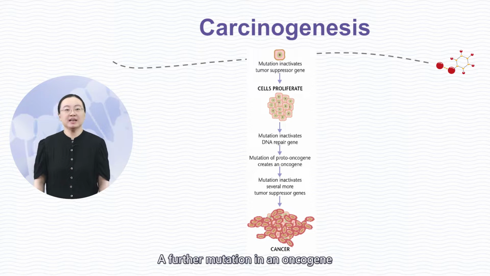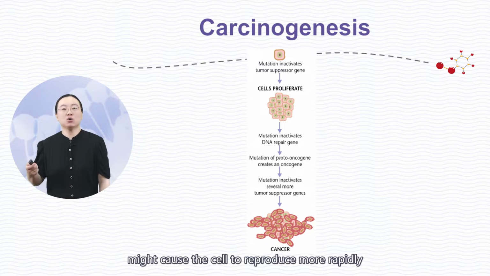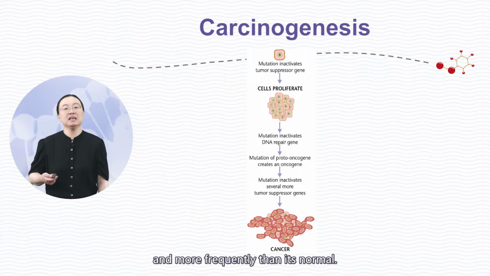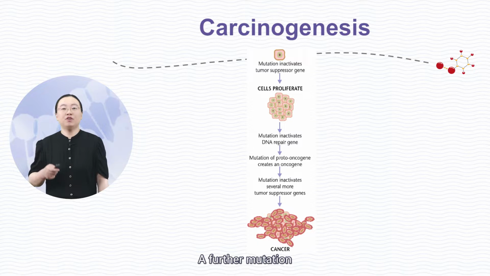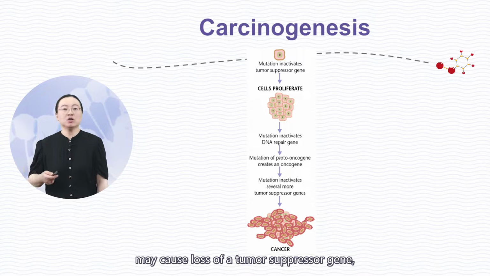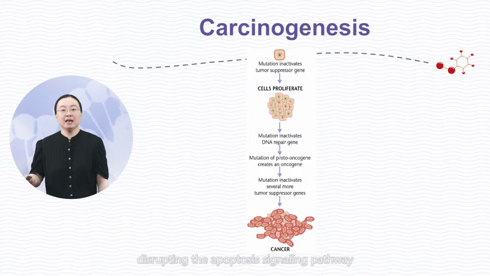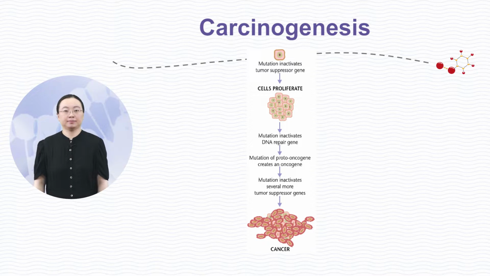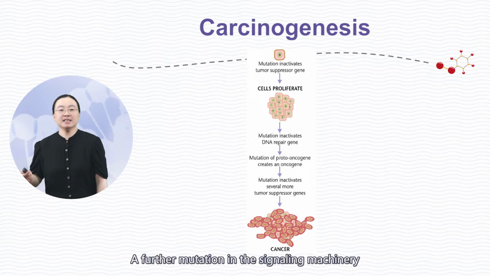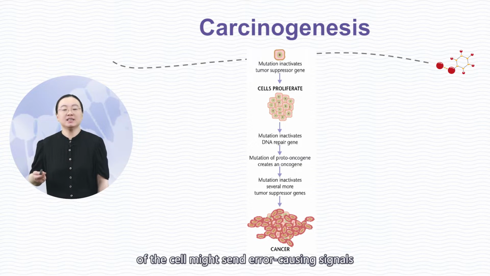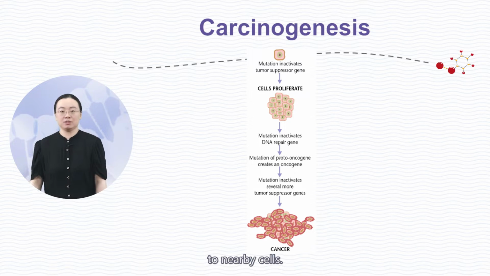A further mutation in an oncogene might cause the cell to reproduce more rapidly and more frequently than is normal. A further mutation may cause loss of a tumor suppressor gene, disrupting the apoptosis signaling pathway and immortalizing the cell. A further mutation in the signaling machinery of the cell might send error-causing signals to nearby cells.